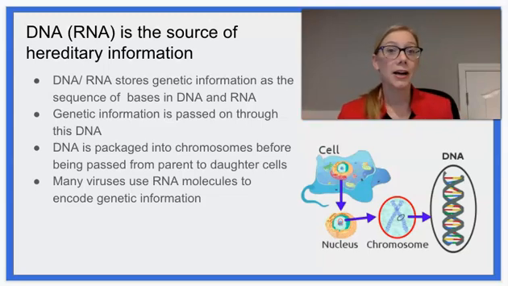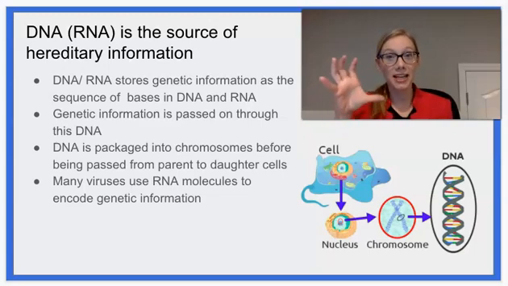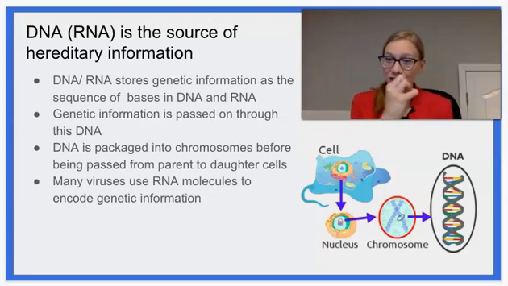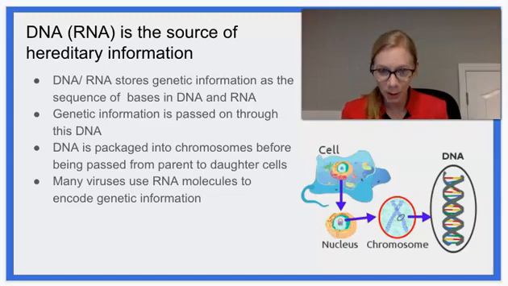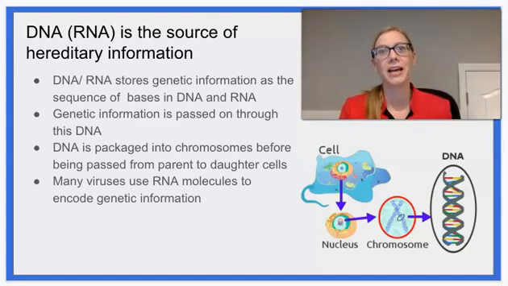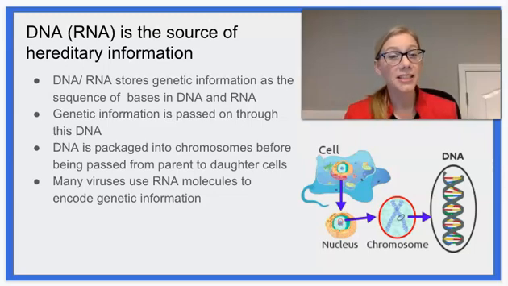Remember, particularly with eukaryotic organisms, that DNA gets packaged, crunched together, into chromosomes before it is passed on to daughter cells. This is all mitosis and meiosis, so that cells get the correct amount of information. Many viruses actually use RNA to encode genetic information and pass that along.